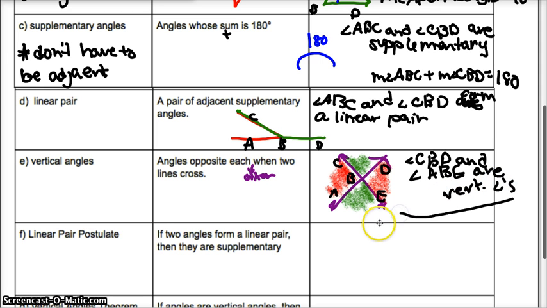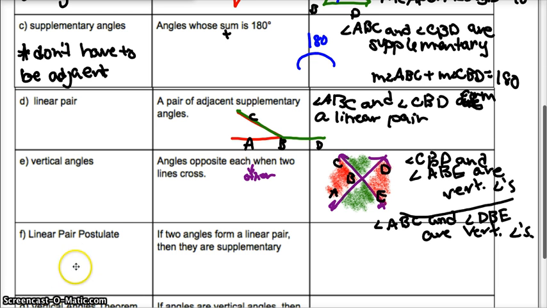And then the other ones are the red ones, angle ABC and angle DBE, which are also vertical angles. I'm abbreviating vert because I'm having a hard time writing on my tablet.